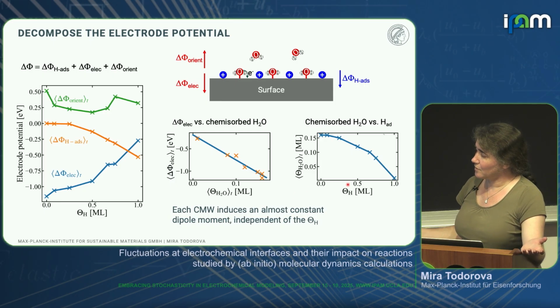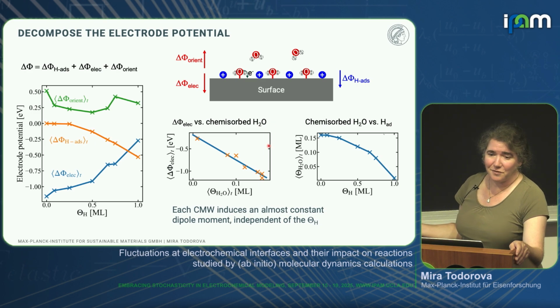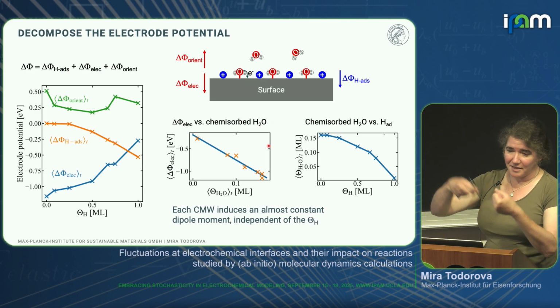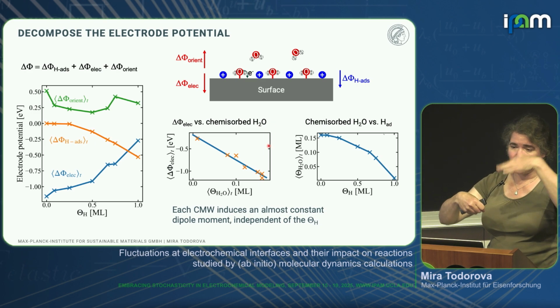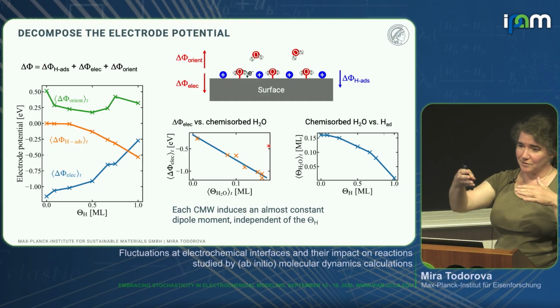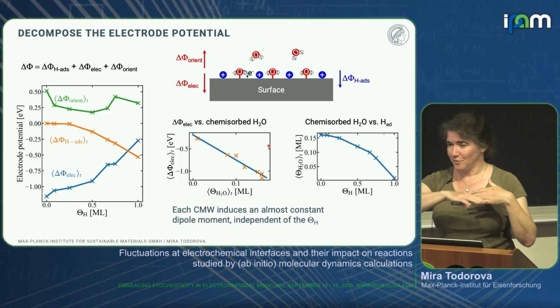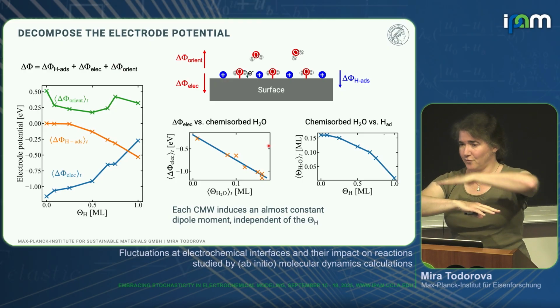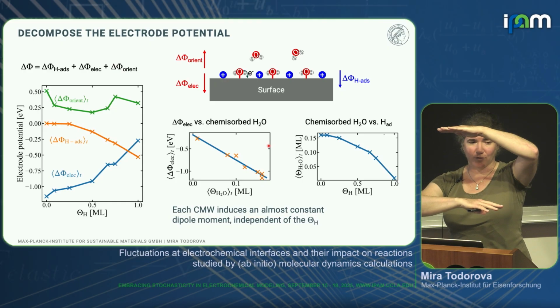The more hydrogen is adsorbed on the surface, the less water I have. So as I adsorb more hydrogen, the water leaves the surface. And eventually, when I have a full monolayer, we get to the situation Axel was describing, where the surface becomes hydrophobic and the water is pushed up.